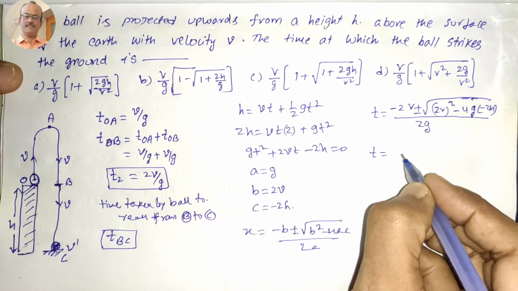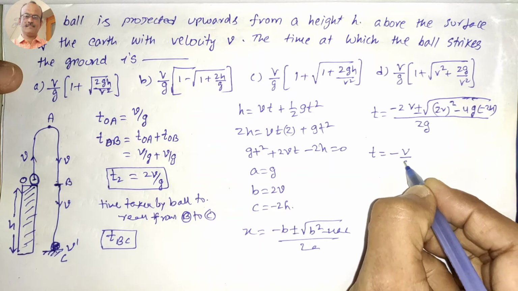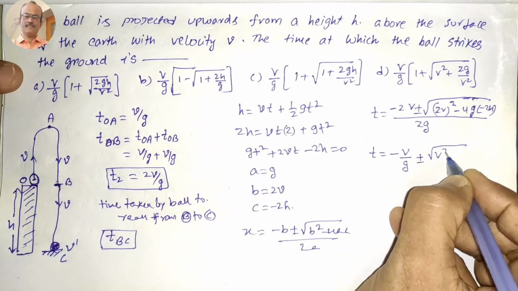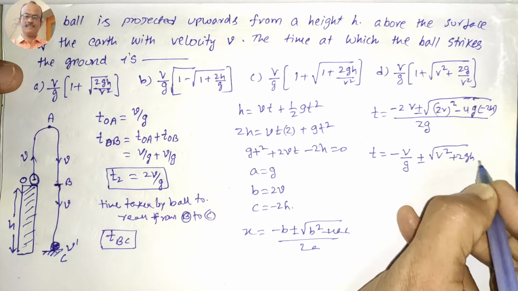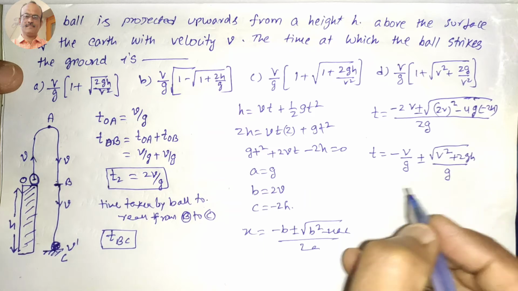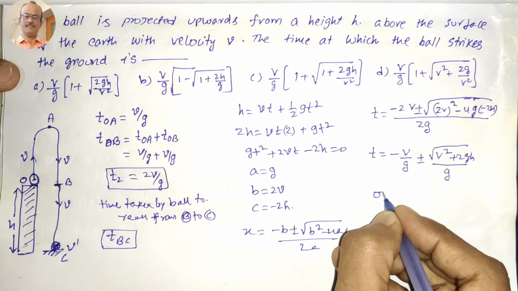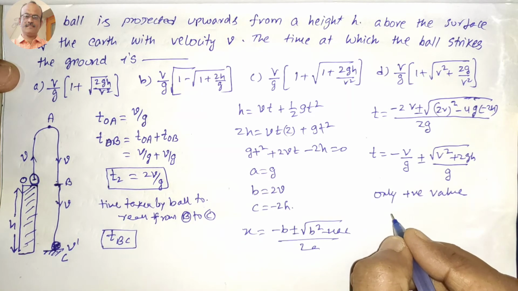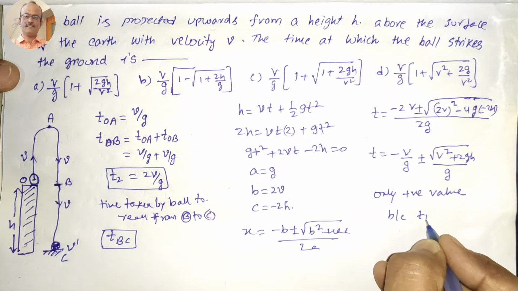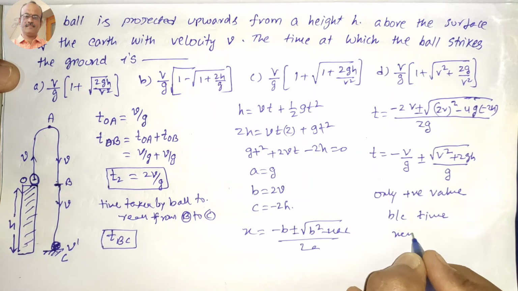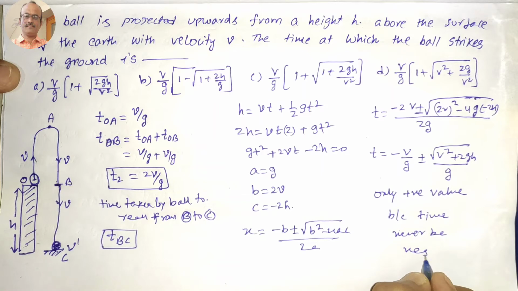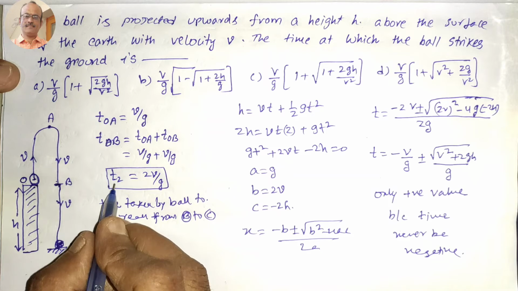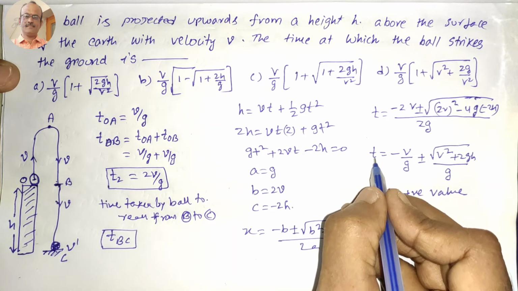So by calculation, t is equal to minus v by g plus or minus square root over v square plus 2gh, divided by g. But here we will take only the positive value because time can never be negative. This one we will take as t here; this is the time t2 here.